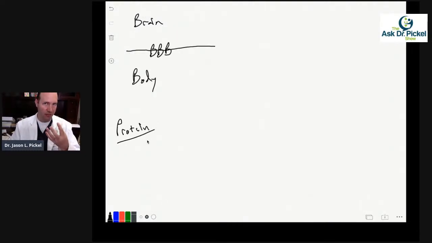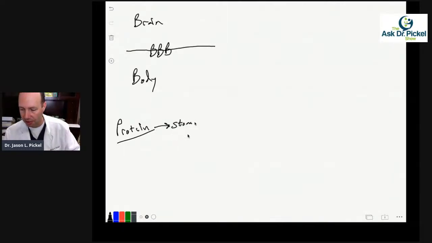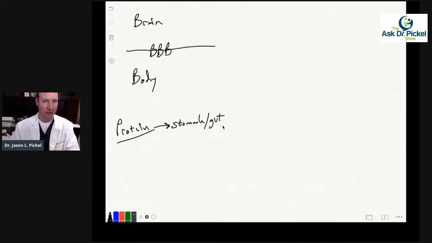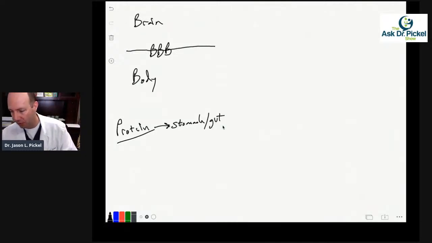So we eat our protein, and then it has to go to our stomach. I'm just going to put gut for intestines, because we have to digest it and absorb it. If we can't do that, there's a problem. We'll come back to that in a second, because we'll go through all the potential problems, but that's one of the pathways it has to go through.